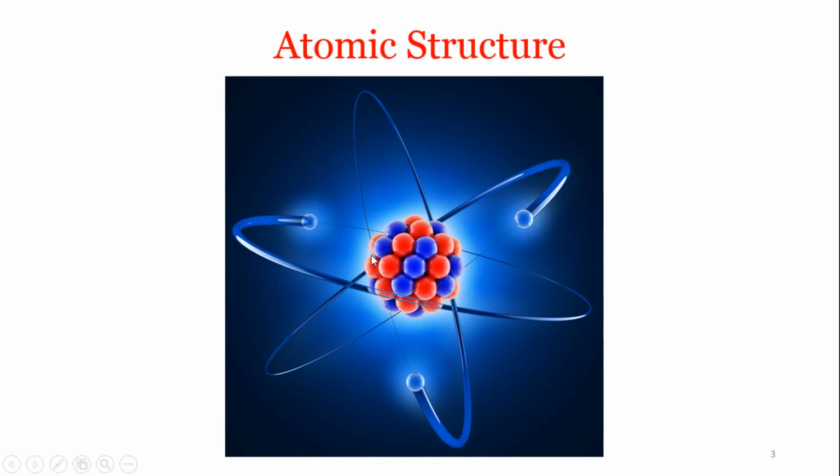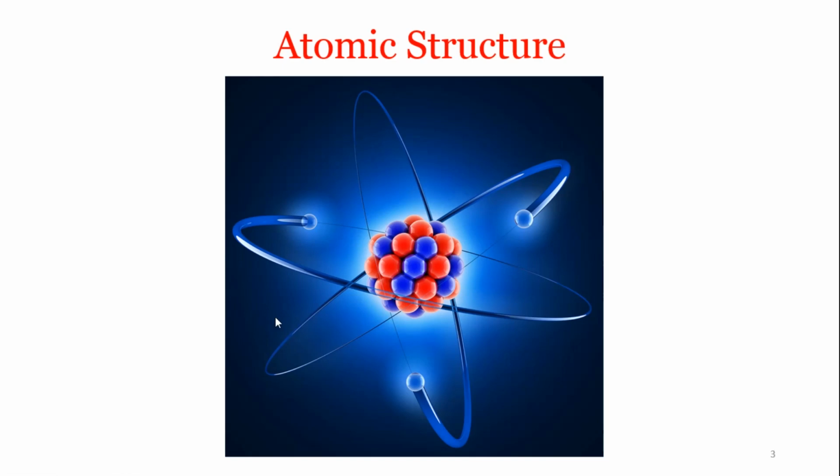The nucleus is positively charged. It consists of protons and neutrons. The protons are positively charged, neutrons do not have any charge. So the nucleus is positively charged, and these are the negatively charged particles known as electrons.